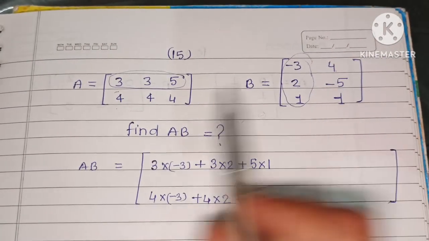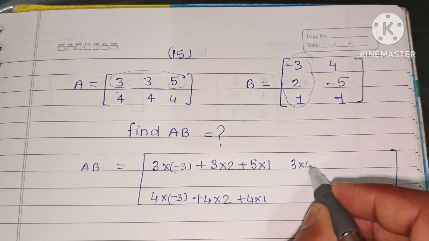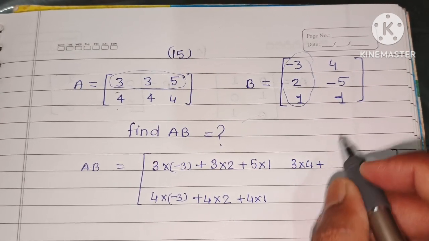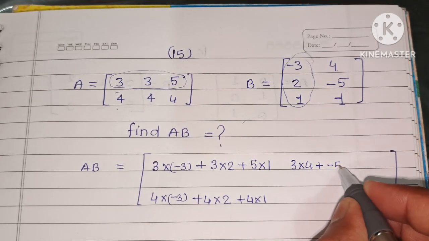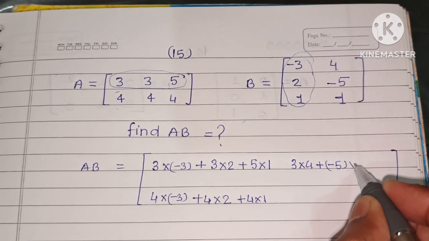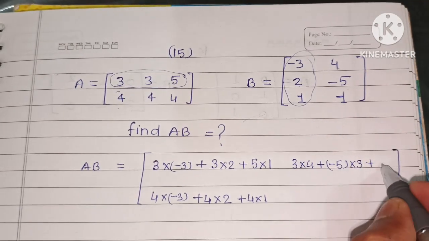Now 4 is multiplied by 3, so that is 3 into 4 plus minus 5 is multiplied by 3 plus 1 is multiplied by 5.